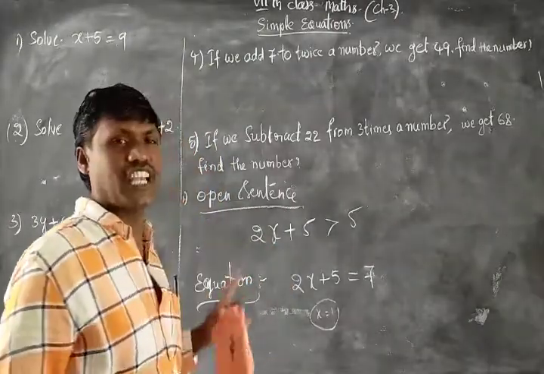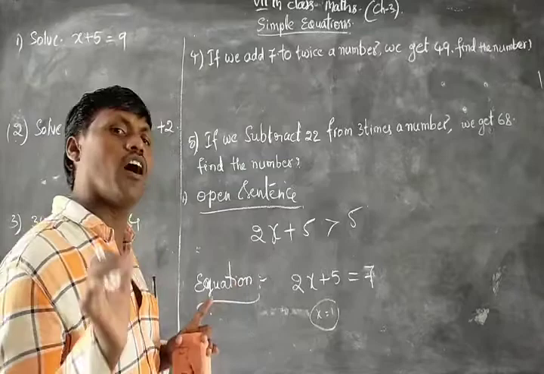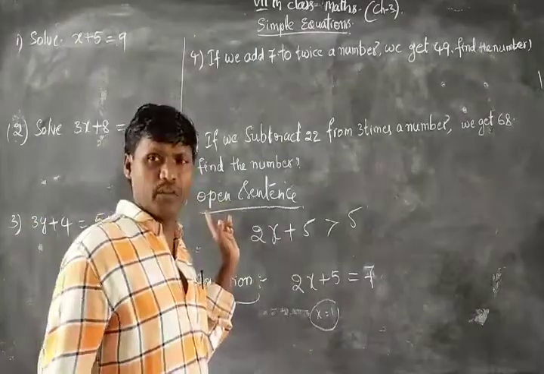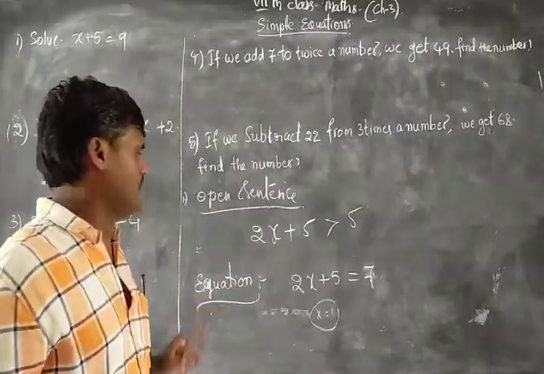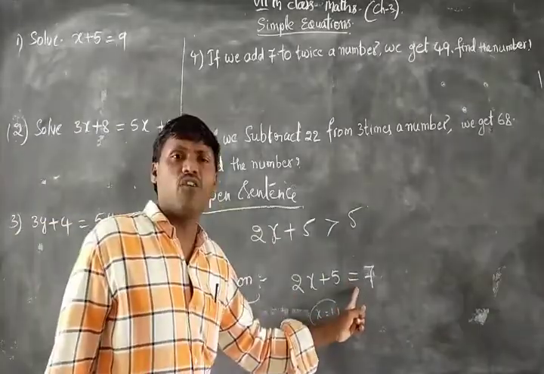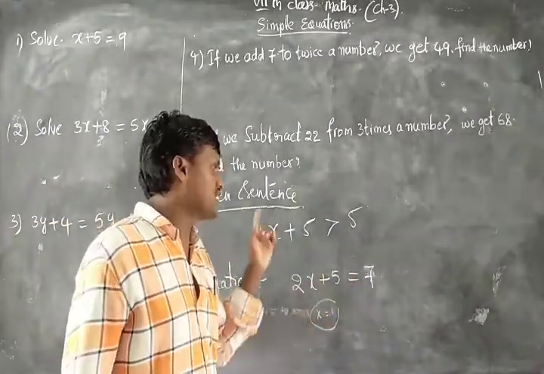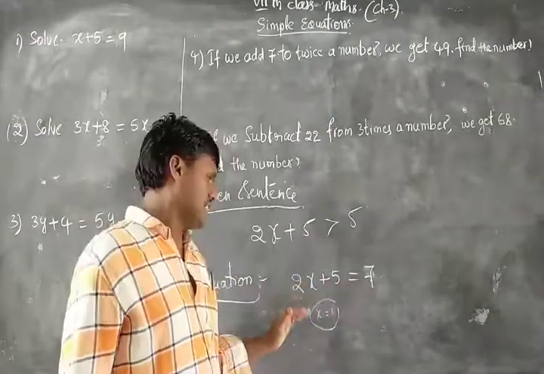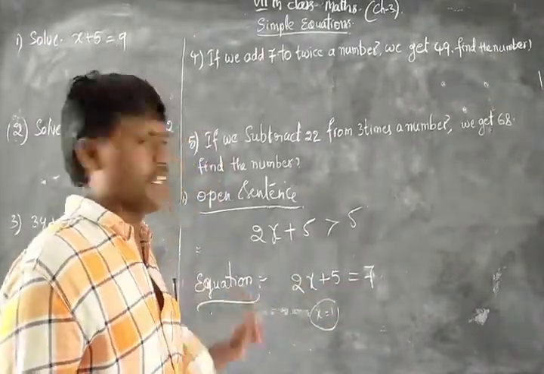A sentence which cannot be verified as either true or false is called an open sentence. But an equation is an open sentence containing the equality symbol.